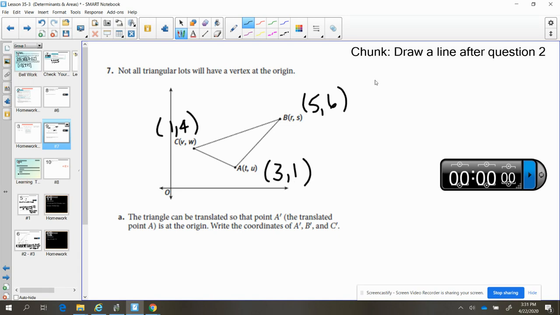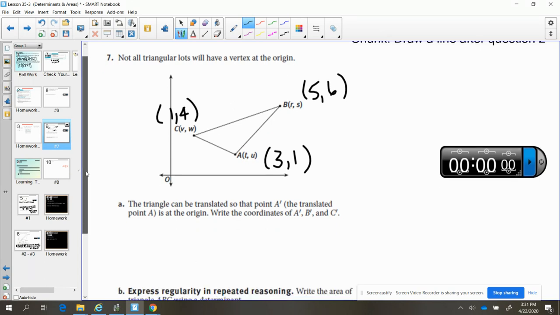What we can do to make this problem actually solvable in order to find the area is we can move one of these points so that the vertex is at the origin. So for example, if we move point A to 0, 0, if we shifted this whole thing over so that A was now at 0, 0, well, we had to subtract 3 units from our x values and subtract 1 unit from our y values.